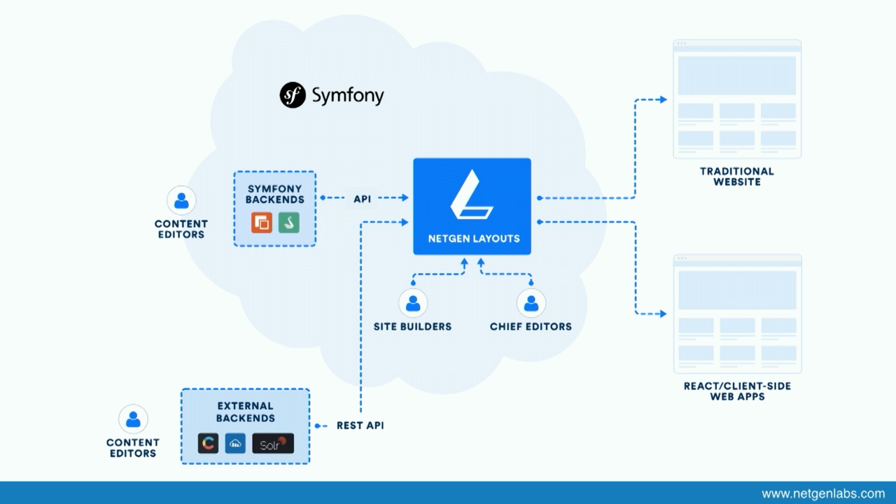So you have, for example, a CMS as a backend. It could be a product information management system as a backend. It could be an e-commerce platform. It could be actually whatever you have as an information source. And then you use that information in the blocks, and then it gets rendered.